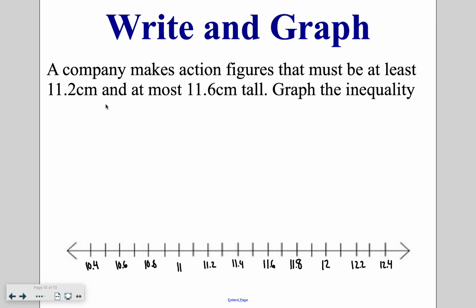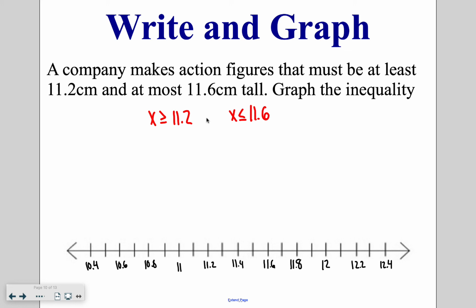So in this case, it says the first part is I want x is at least, so greater than or equal to 11.2, and we have x is at most, so less than or equal to 11.6.